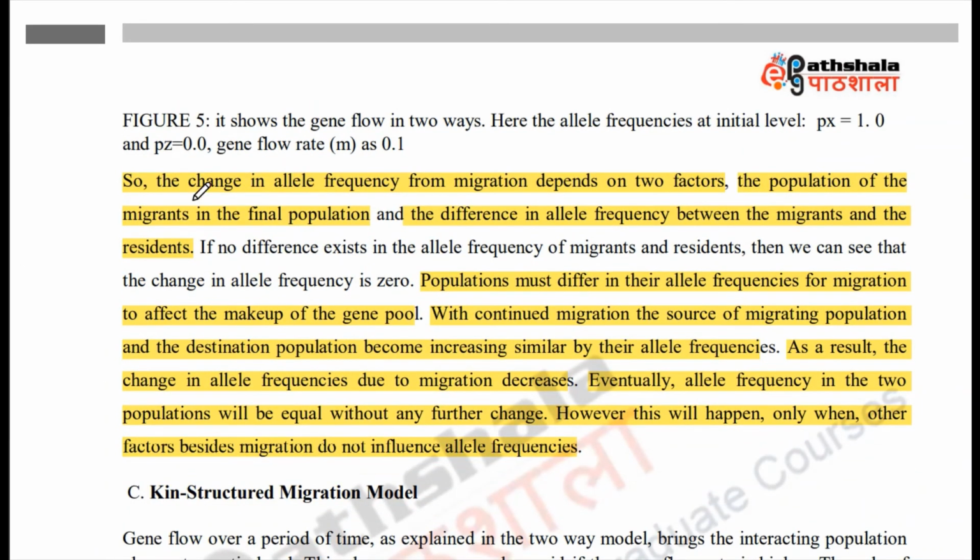So in this case it says the change in allele frequency from migration depends on two factors. Okay, very important. How is the change in allele frequency determined? Firstly, depending on the population of the migrants, and secondly, what is the difference in allele frequencies between the migrants and the residents.